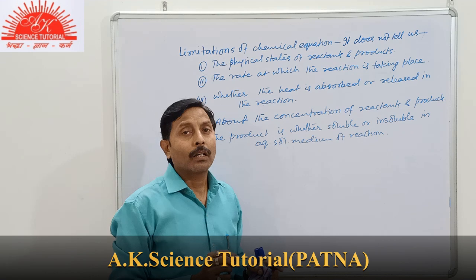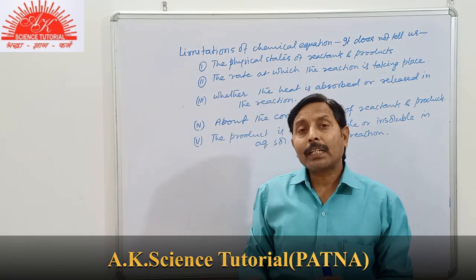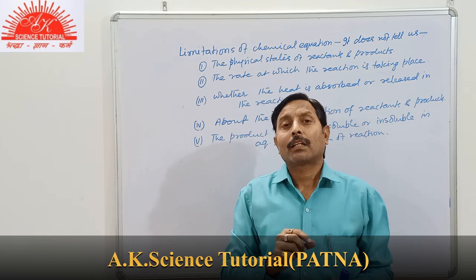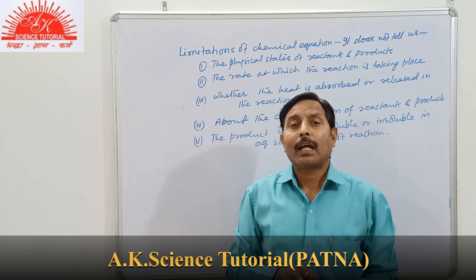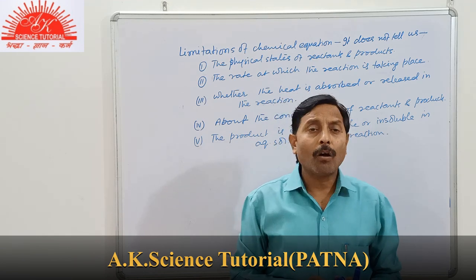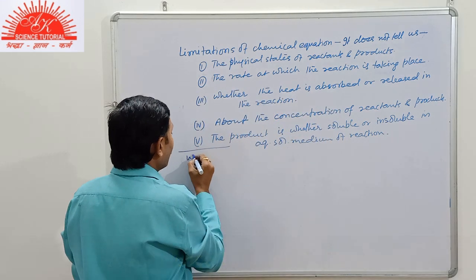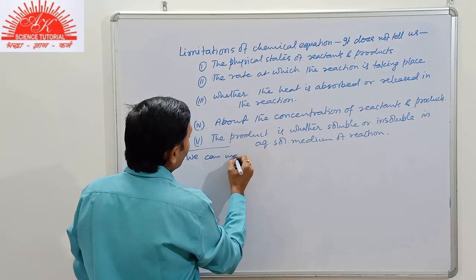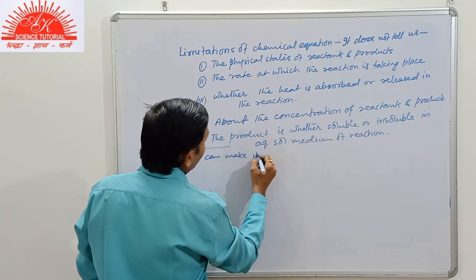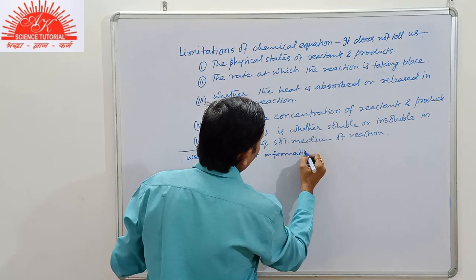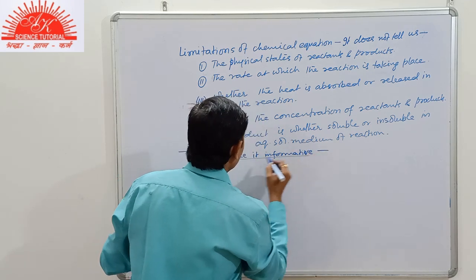For example, to indicate whether it is solid, liquid or gas, we can use s for solid, l for liquid and g for gas. We can make it informative. How is that?